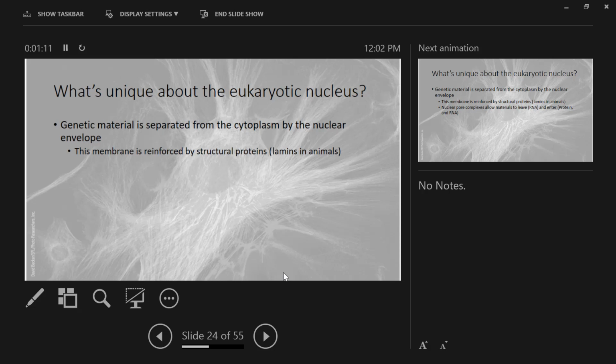Now, the membrane is reinforced. It is a very, very strong membrane. And so that's one benefit of it. It allows the nucleic acids to be separated from the cytosol, from the cytoplasm.